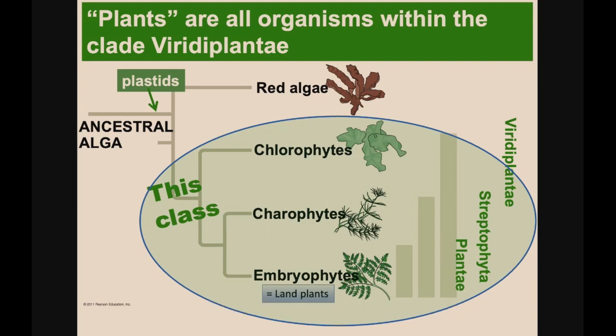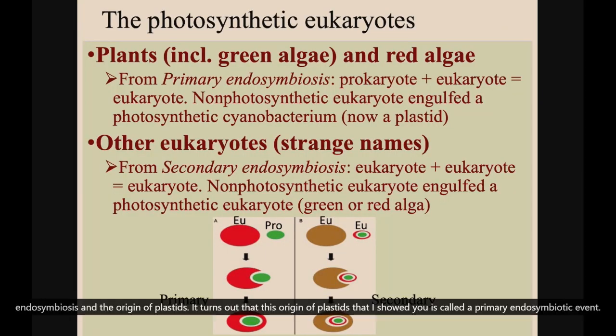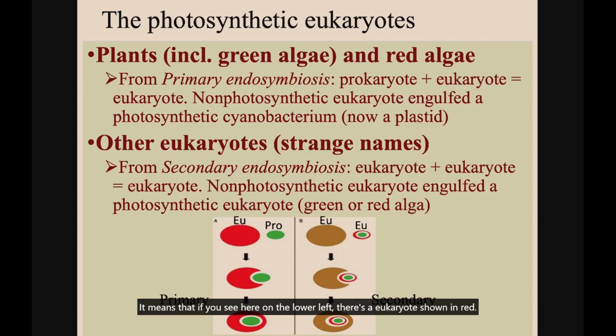Okay, so I mentioned endosymbiosis and the origin of plastids. It turns out that this origin of plastids that I showed you is called a primary endosymbiotic event. If you see here on the lower left, there's a eukaryote shown in red, and in green, a prokaryote.